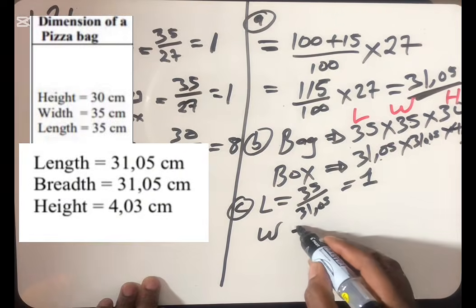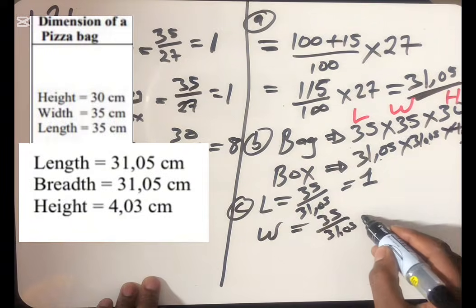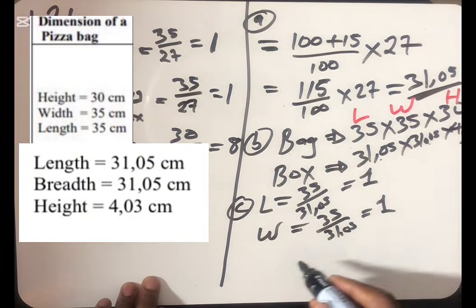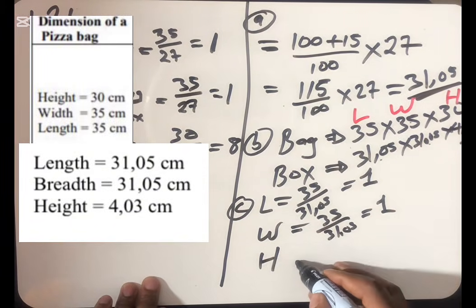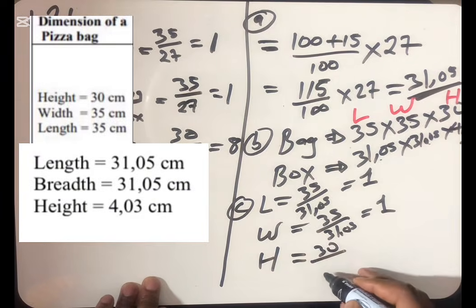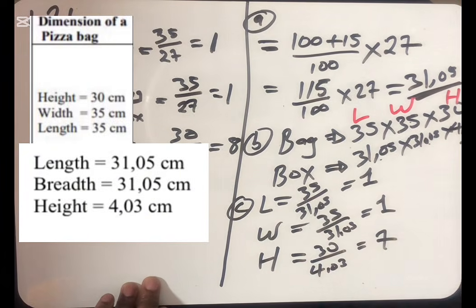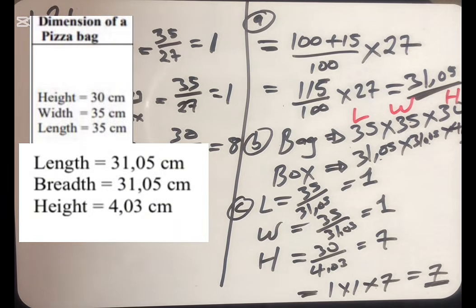In respect of width, we're going to have 35, 31,05 is still 1. In respect of height, we are going to have 30 divided by 4,03, which is 7. Now, the total that we're going to have is 1 multiplied by 1 multiplied by 7. The answer is 7 pizza boxes. 7 pizza boxes that can be delivered.